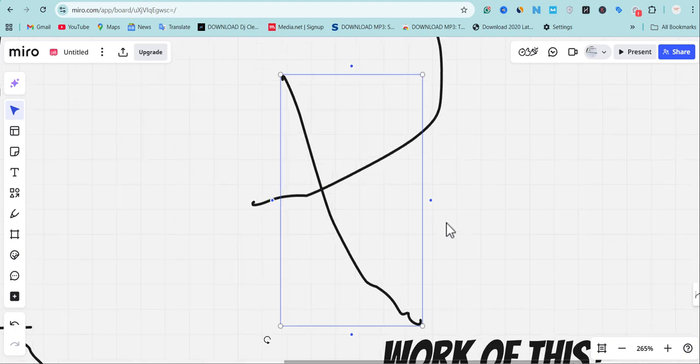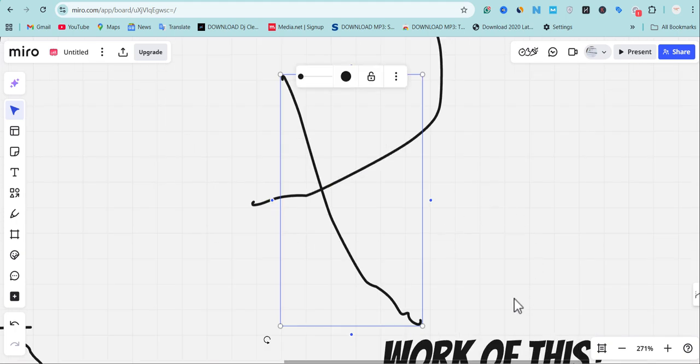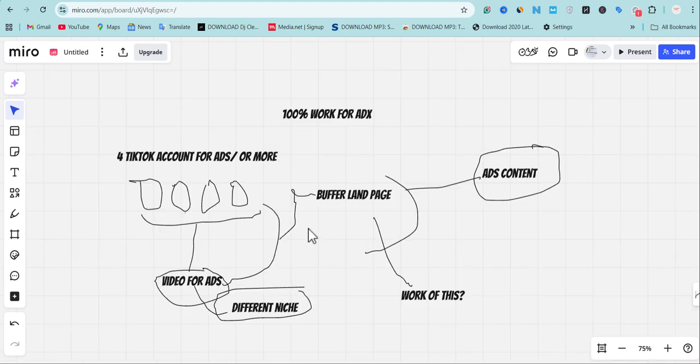Another thing you need to understand is the buffer page is going to reduce some unserious users. And secondly, again, you should not push a different ad to different content. This is something that will cause reduction from your ads.